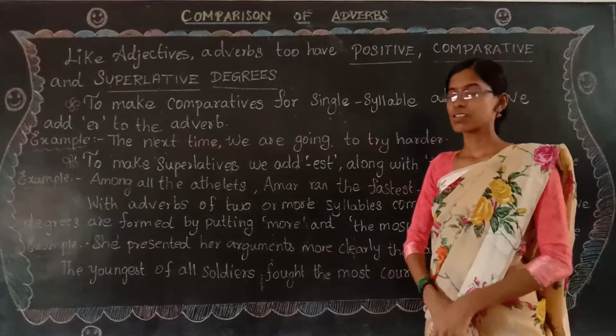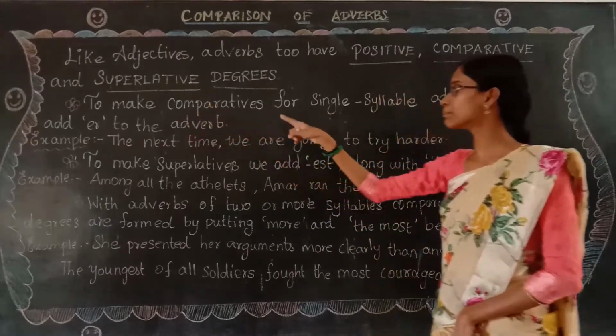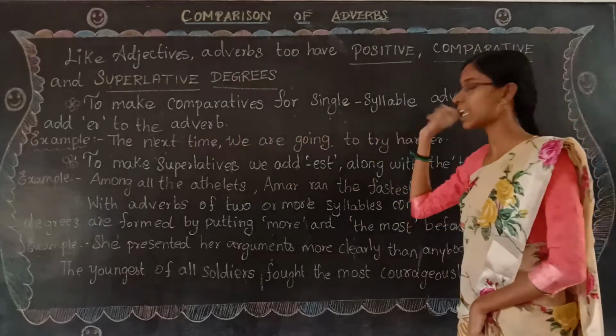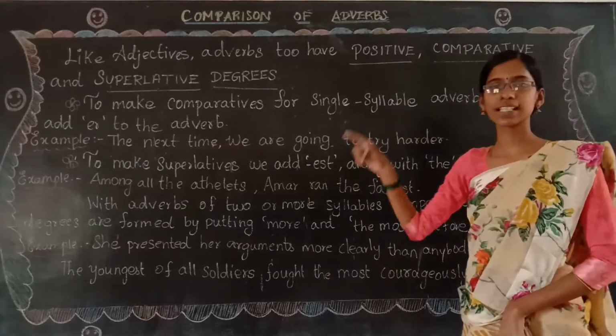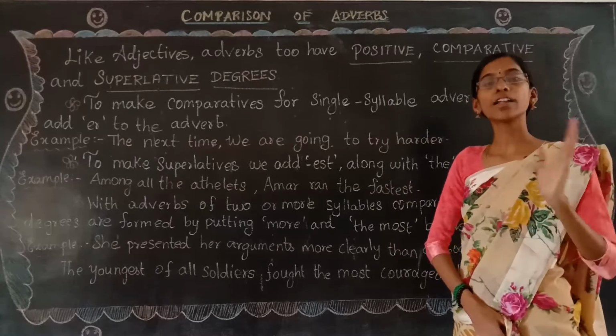So see the first rule here. Okay, what is the first rule? To make comparatives for a single syllable. According to the syllable, it is very important, okay? Only according to the syllable can we add ER or more.